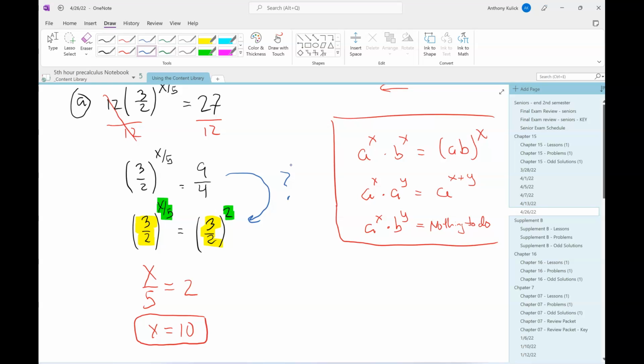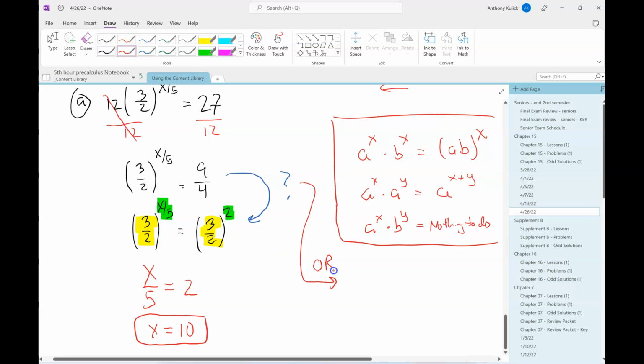So Mr. Kulik, what if I just think I'm never going to be able to see that? Is there another thing I could do to solve this problem?